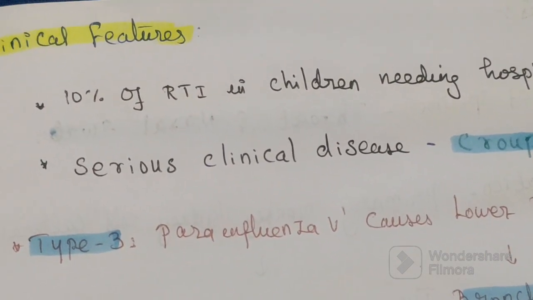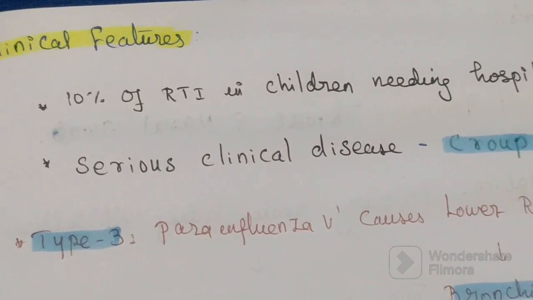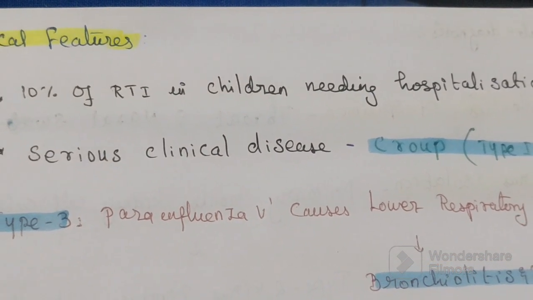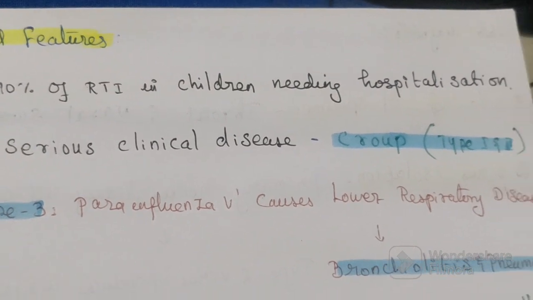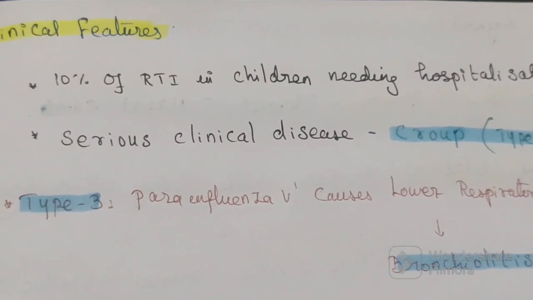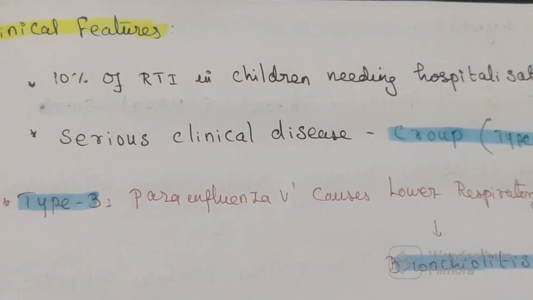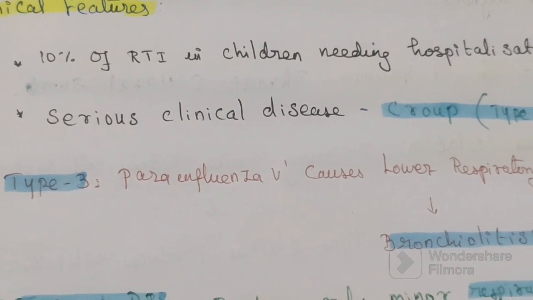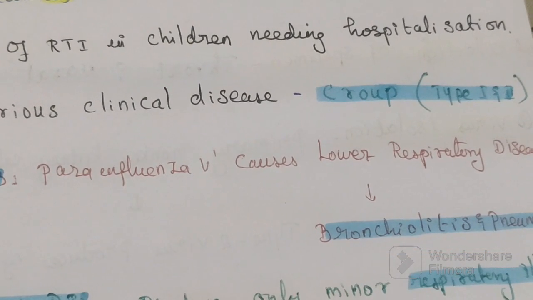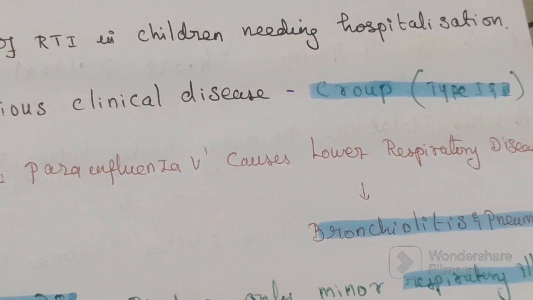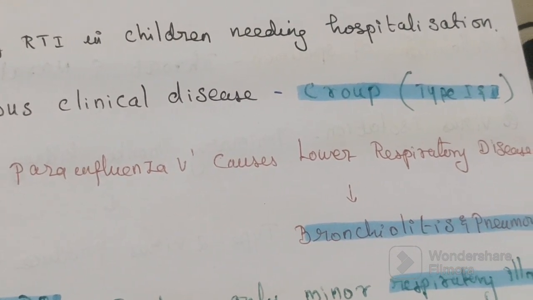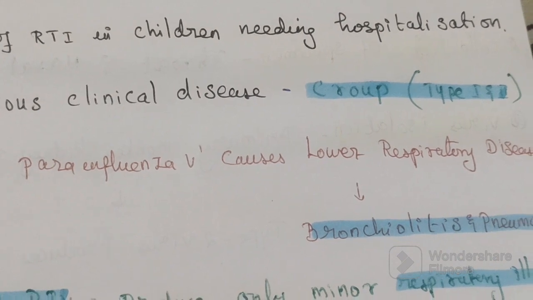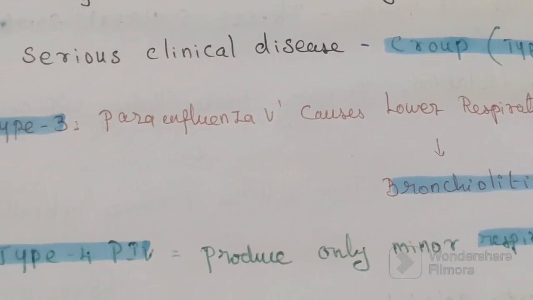Clinical features: parainfluenza viruses constitute about 10% of respiratory tract infections in children needing hospitalization. The most serious clinical disease is croup, which is most commonly caused by type 1 and type 2 parainfluenza virus.